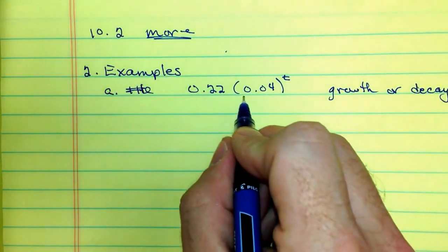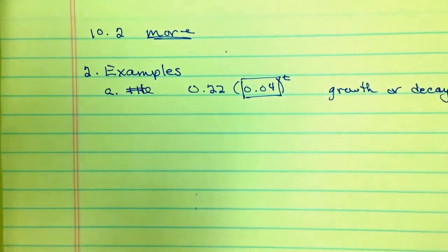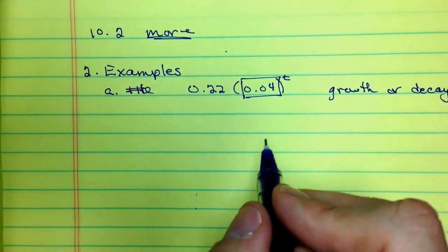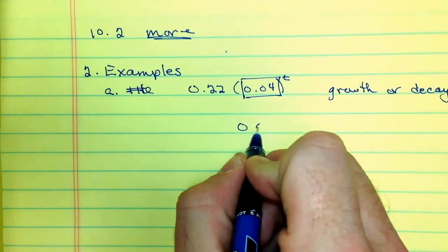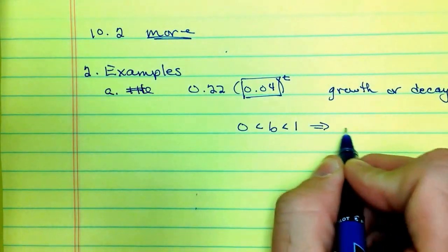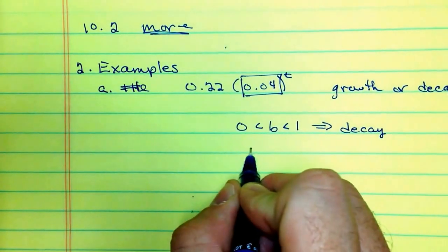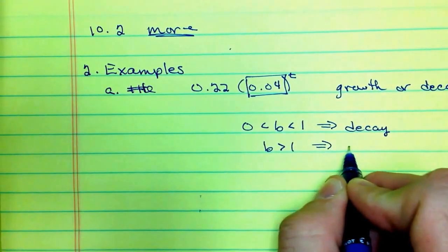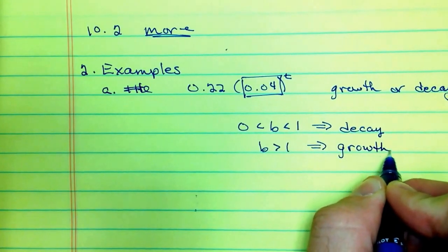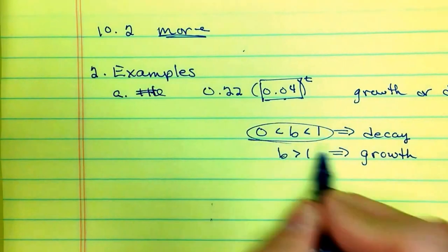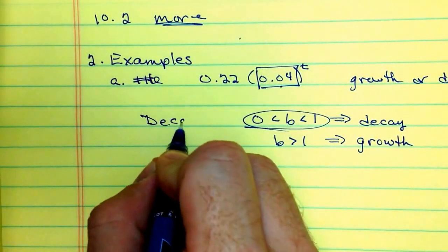So the answer is found right in here, the growth factor. So remember, if 0 is less than b is less than 1, this means decay. And if b is greater than 1, that means growth. So here 0.04 is obviously between 0 and 1, so this is decay.